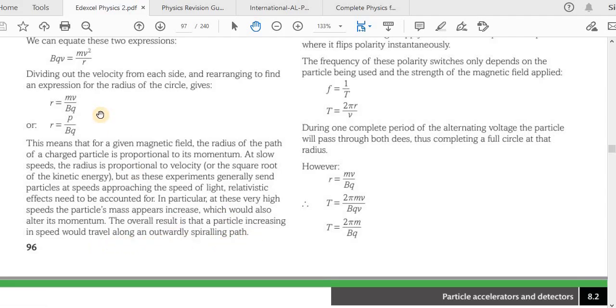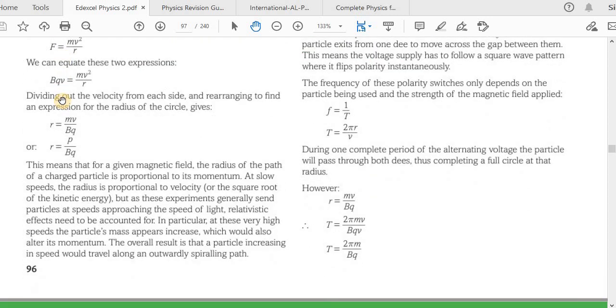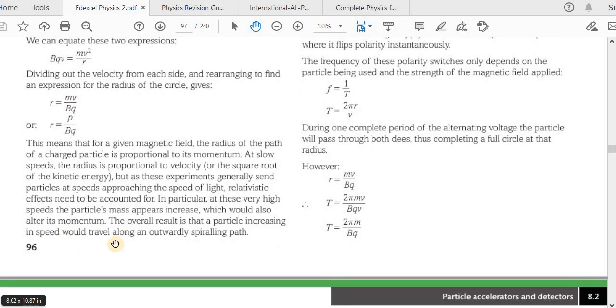So what will happen is, when the speed increases, you can see the radius here increases, and momentum also increases. Mass also increases: when it reaches a certain speed close to the speed of light, it can't go beyond that, so the mass increases. So again the momentum increases and therefore r increases. We travel along an outwardly spiraling path.